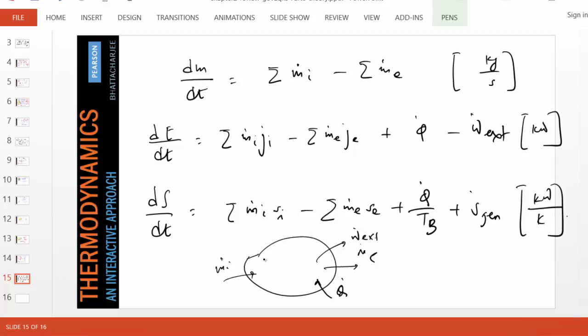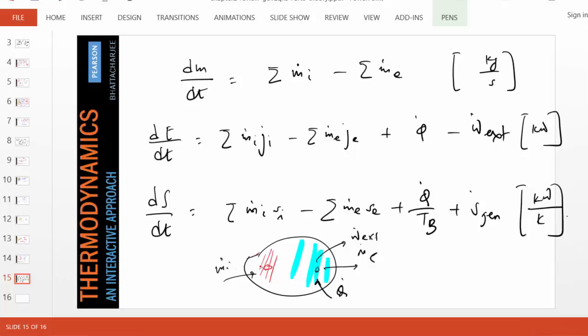But if the system is very hot on this side and very cold on this side, then the idea of a steady system is that if it is hot here, it will always remain hot here. If it's cold here, it is always cold here.